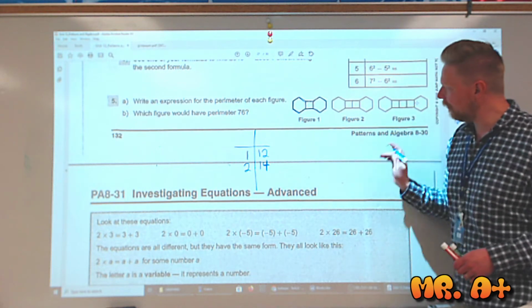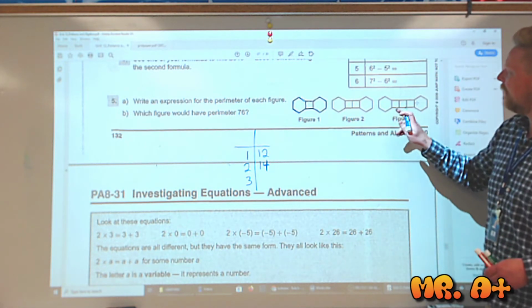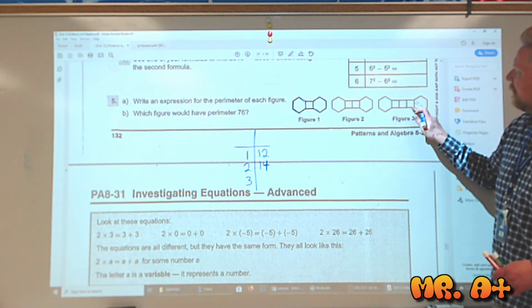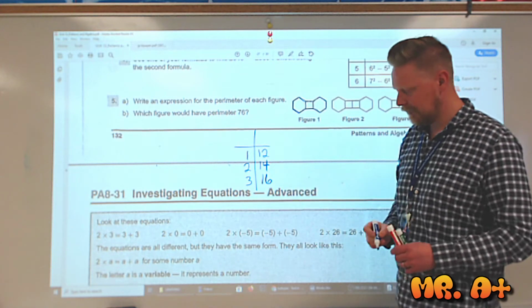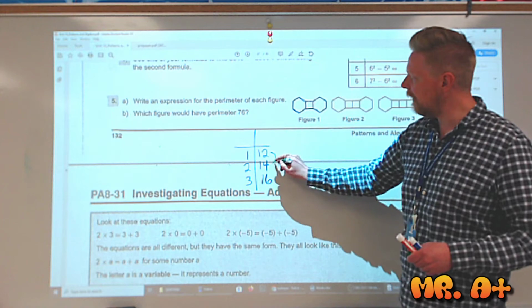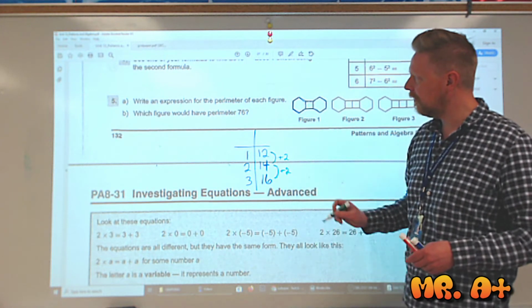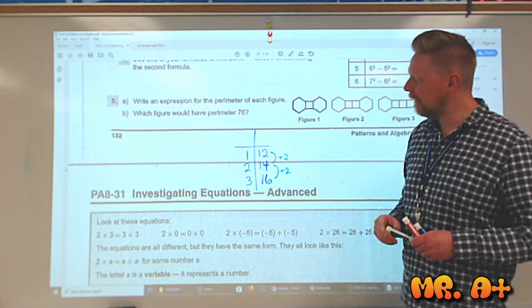And in figure 3, the perimeter is 5 and 5 and 6. Okay, so that's 16 in total. Well, let's see what the gap is here. The gap between each one of these is plus 2. Could you use that to find out what the formula is?